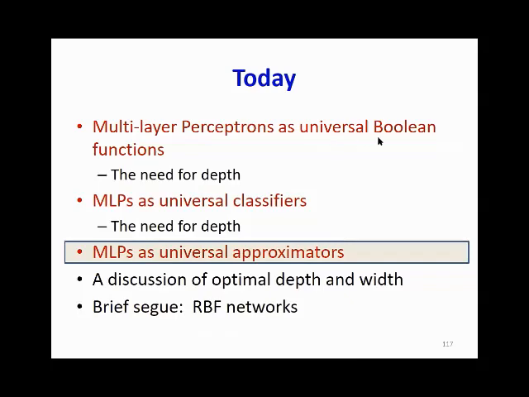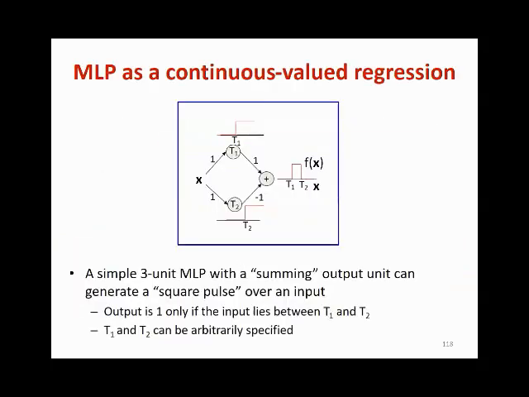We've seen MLPs as Boolean functions, as universal classifiers. What about as approximators? By approximators, I mean when the output itself is neither Boolean nor categorical, but now must be real. We already saw how an MLP with 2 perceptrons can compute this little pulse. If I have 2 perceptrons with thresholds T1 and T2 and I add their outputs, then the output is going to be 0 until T1. It's going to be 1 between T1 and T2, and then a 0 outside.